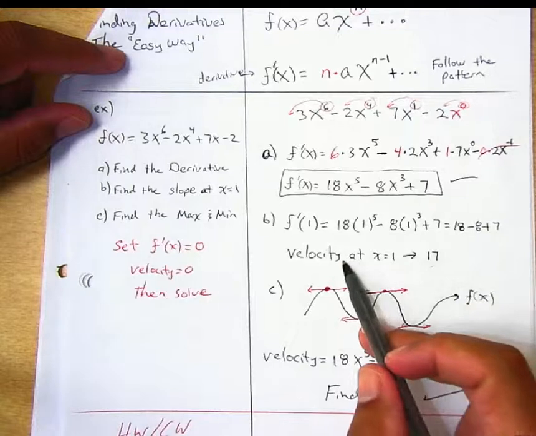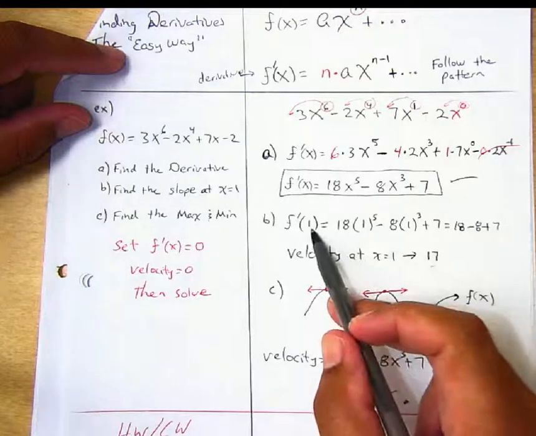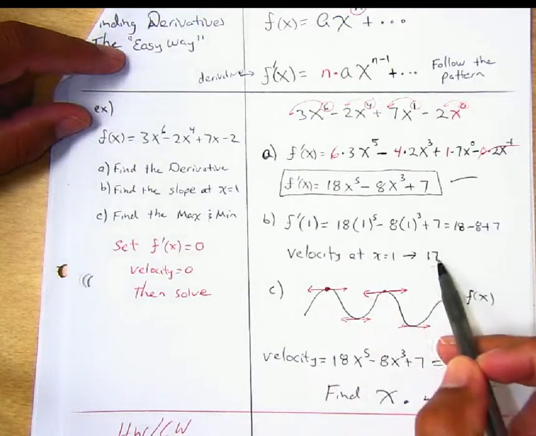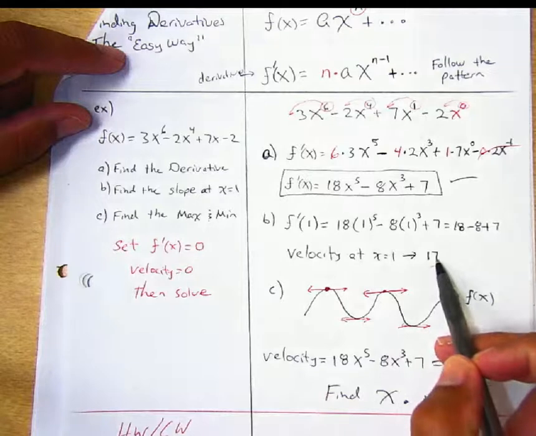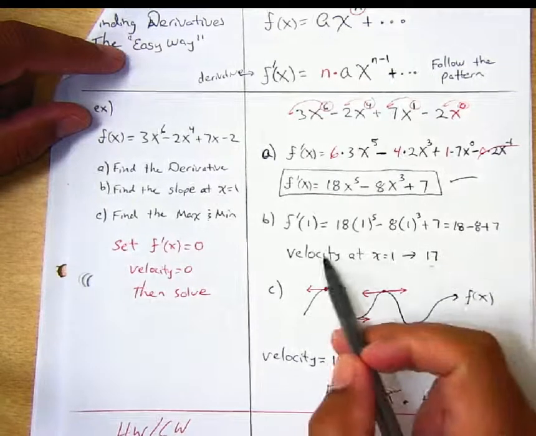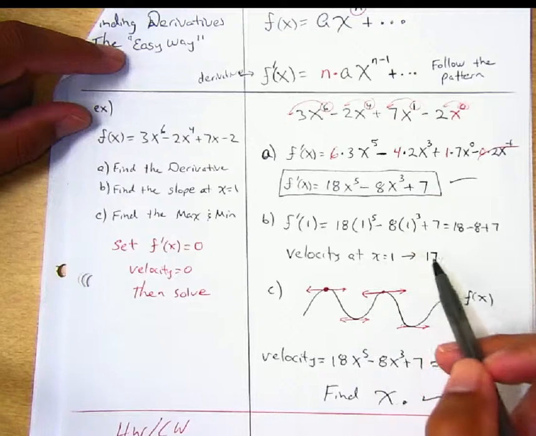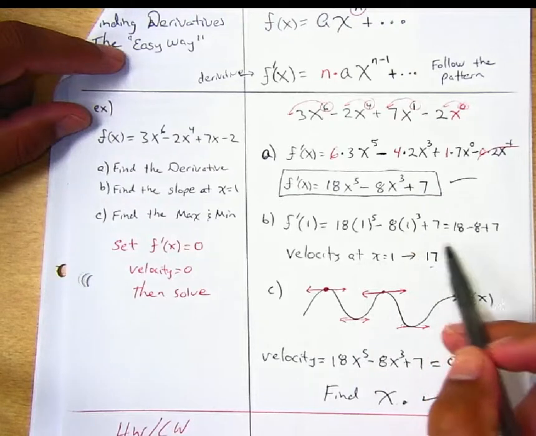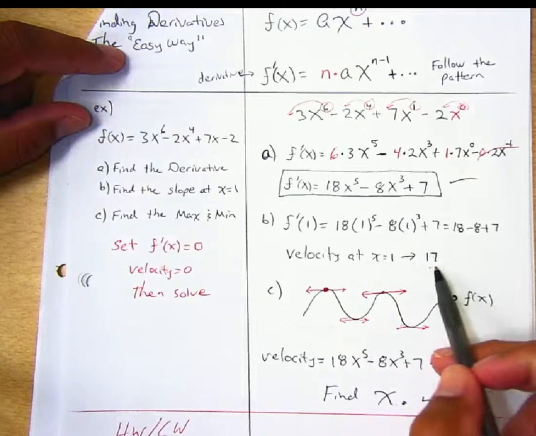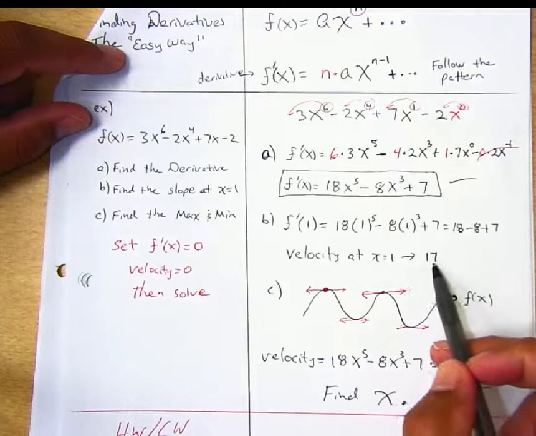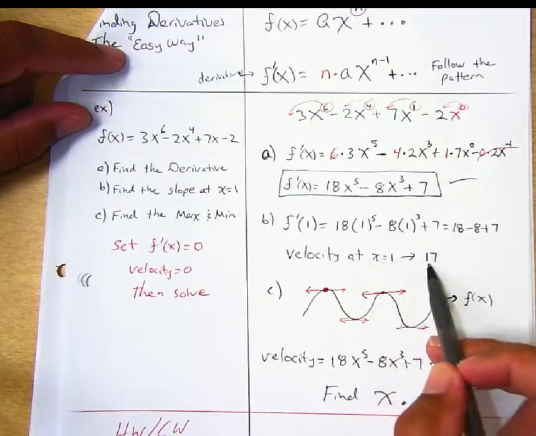So the slope at the specific location of 1 is equal to 17. And the slope is the same thing as velocity in dealing with problems that involve distance and time. Okay, so that's the velocity, that's the slope, and this is the derivative. It's all the same thing.